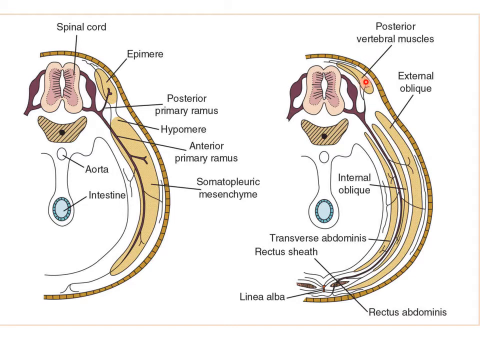Here, with further development, the posterior vertebral muscles come from the epimere, and the hypomere gives the external oblique, internal oblique, transversus abdominis, and the rectus abdominis muscles.